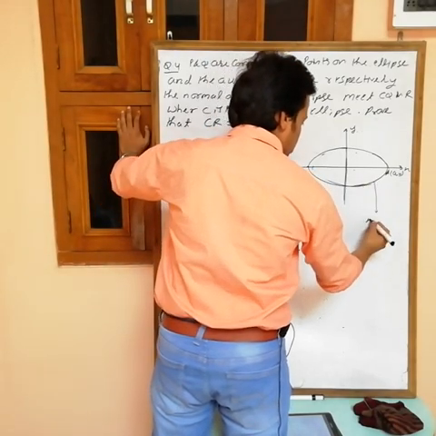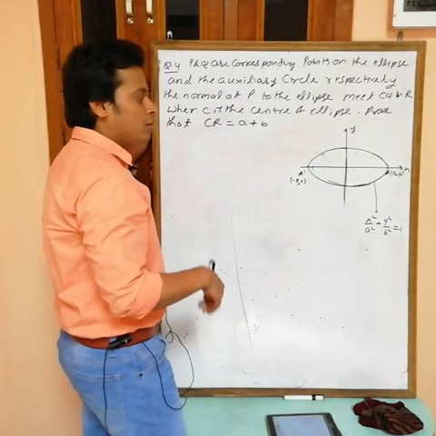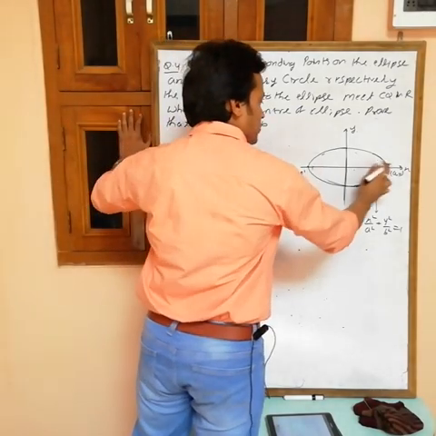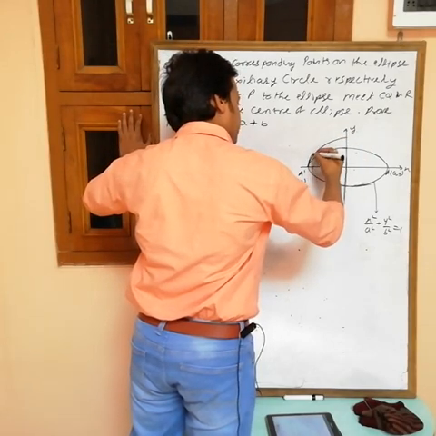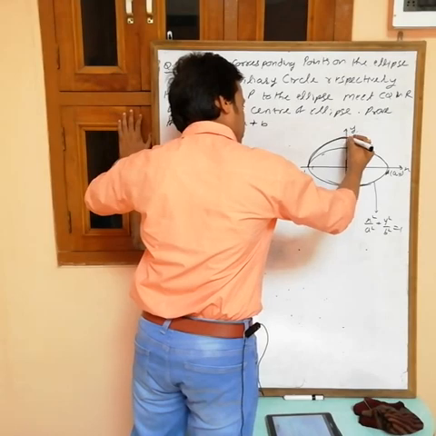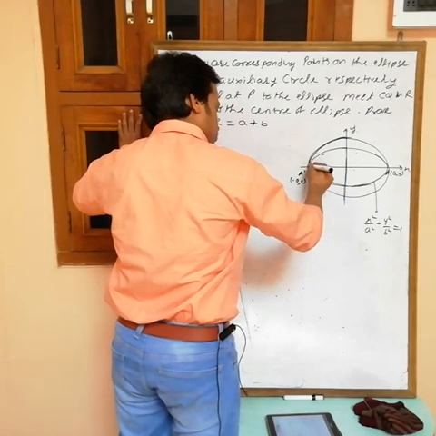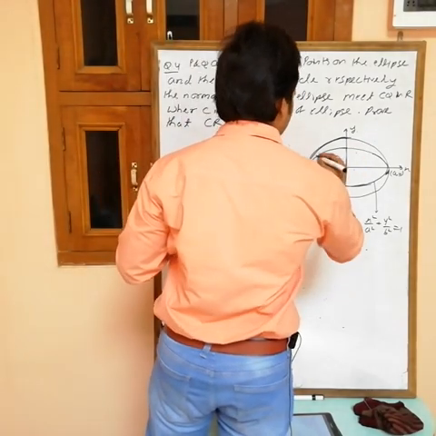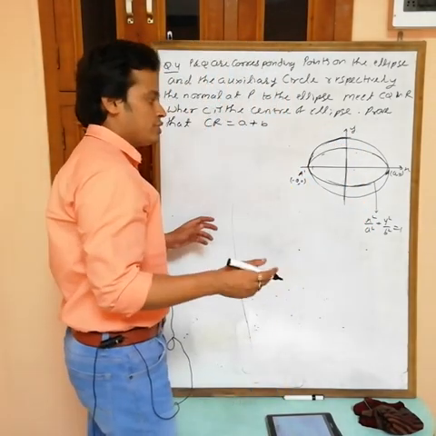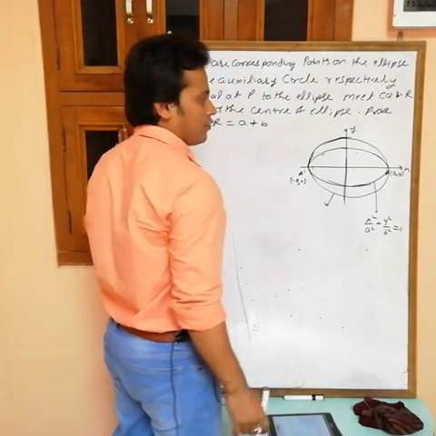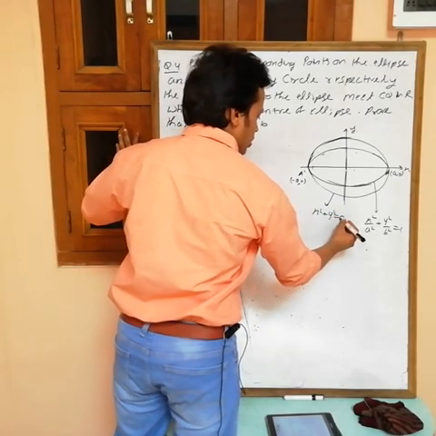The equation of this ellipse is x square by a square plus y square by b square equal to 1. Now if you draw a circle by assuming this major axis as diameter, then you will get a circle which is known as the auxiliary circle. So this is the auxiliary circle, and its center is 0, 0, radius is a. So x square plus y square equals a square.